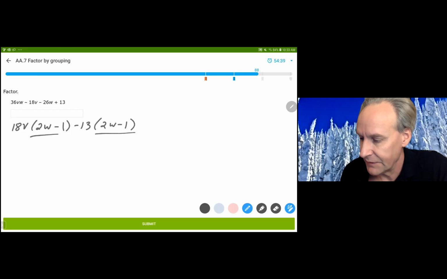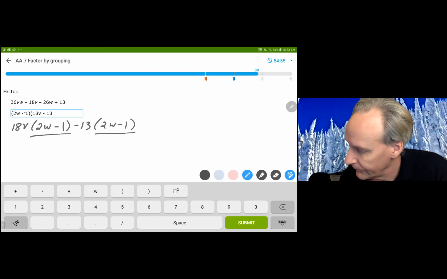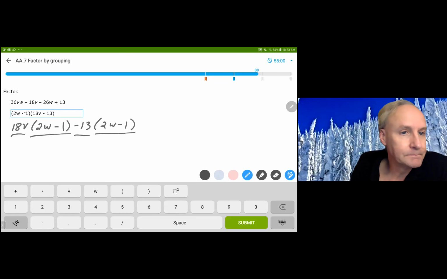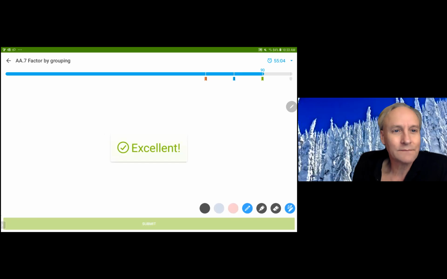So there's my common factor: 2w minus 1, and we have an 18v minus 13. Make sure I don't put a 1 in there again. Yeah, looks good. We're getting there.